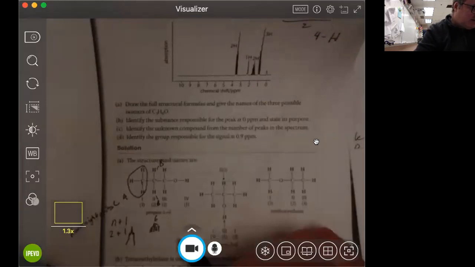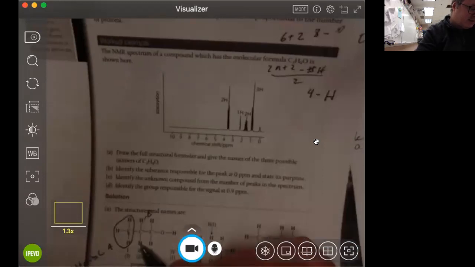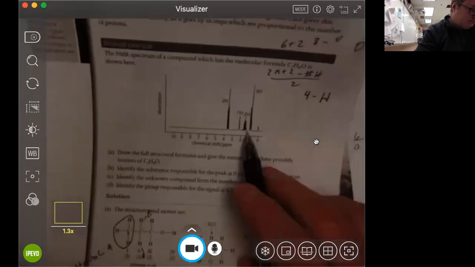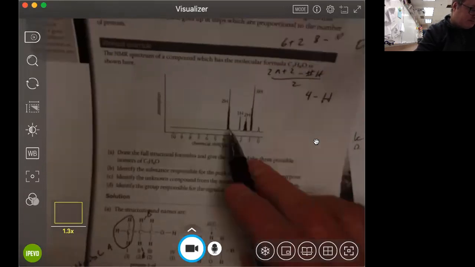Do you think you can identify that one? The next one over. It has 2. So there's our two H's that it's talking about. What about this one?